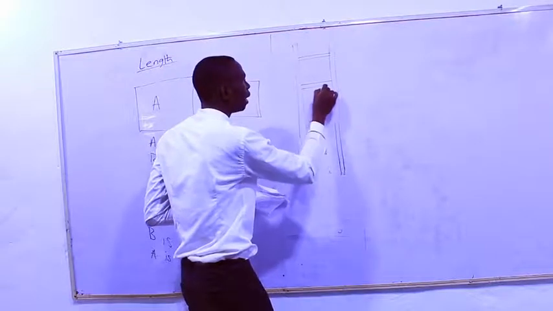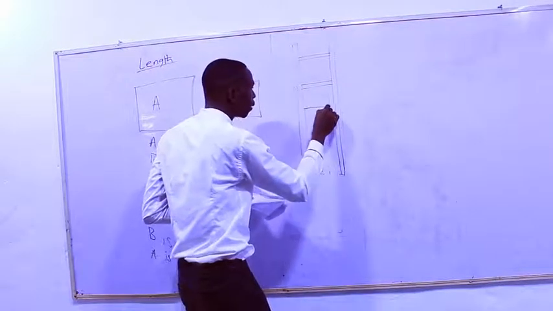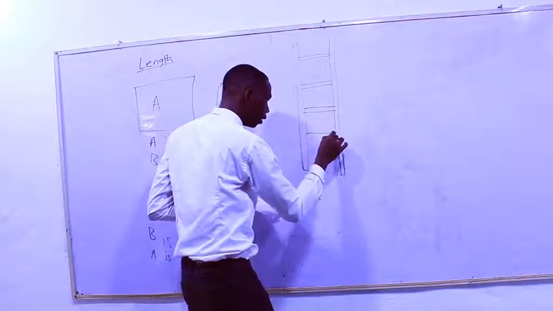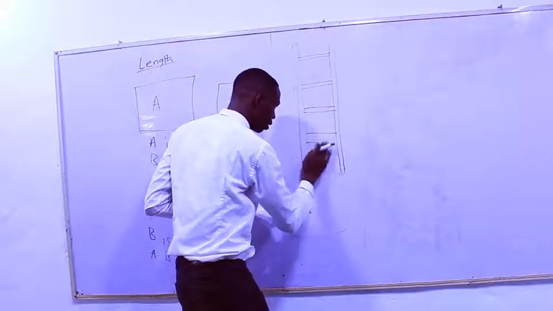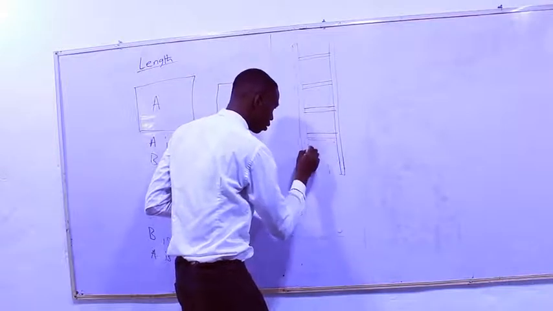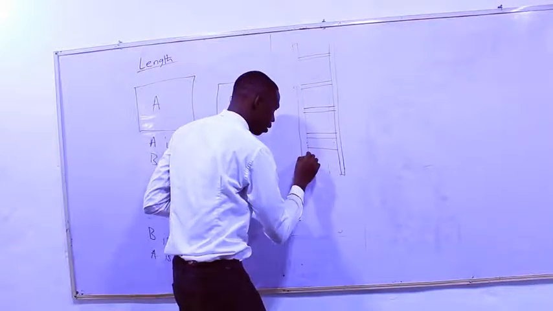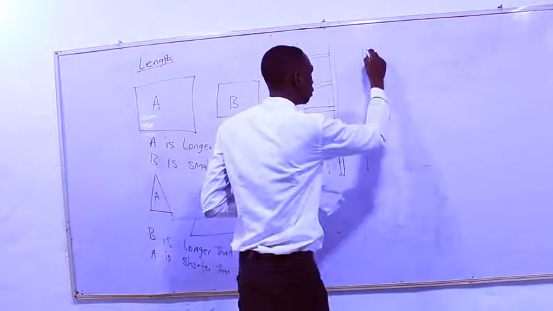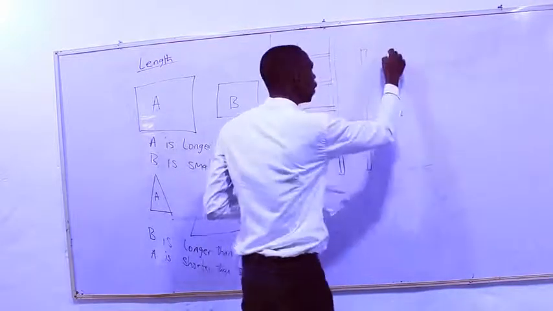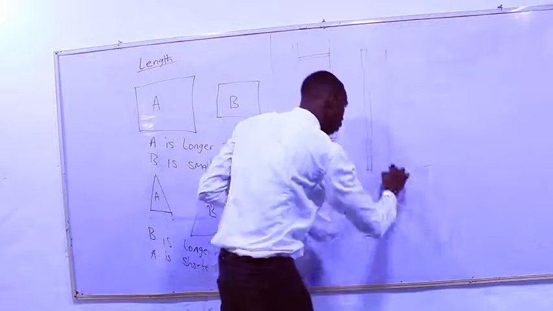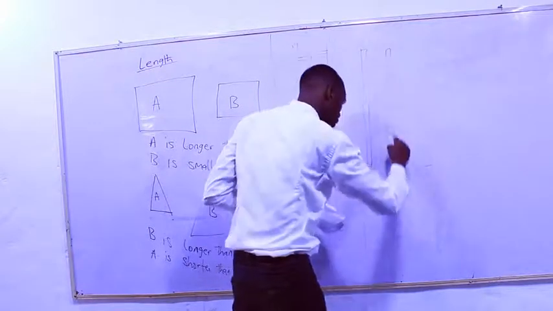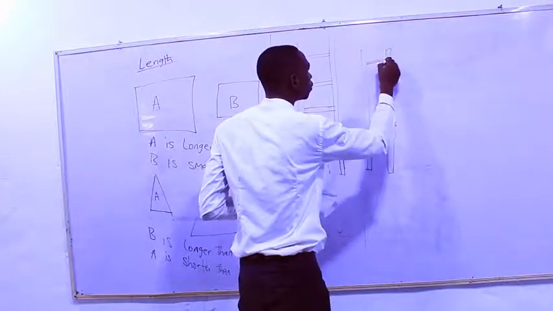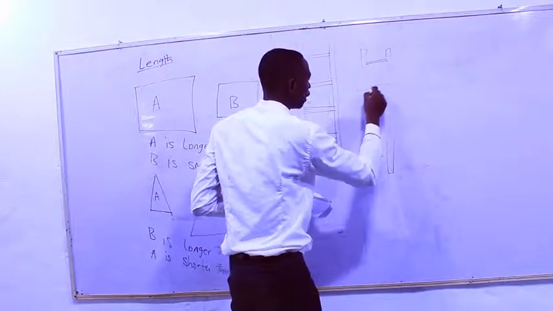You know what a ladder is used for? Climbing up. A ladder. We have this ladder. And we have our second ladder, to be like this. This is the second ladder.